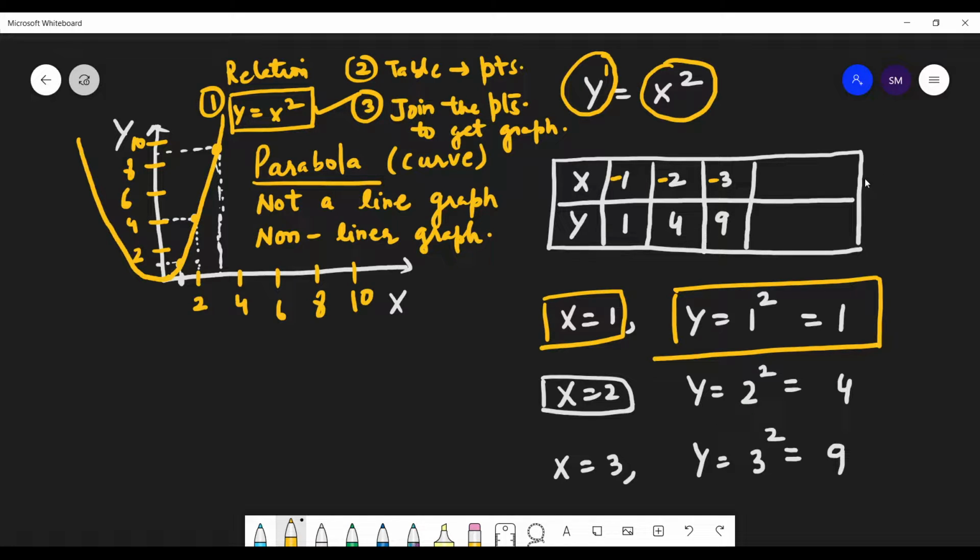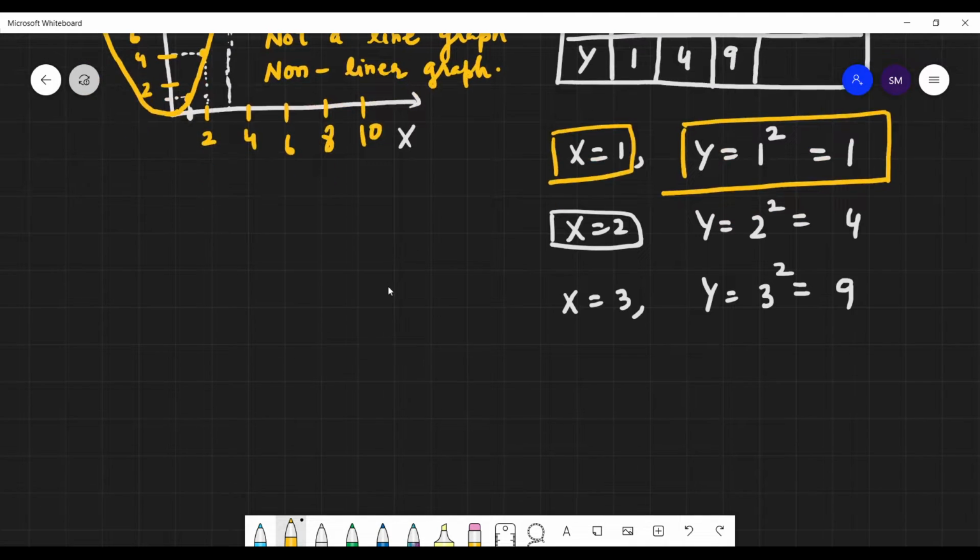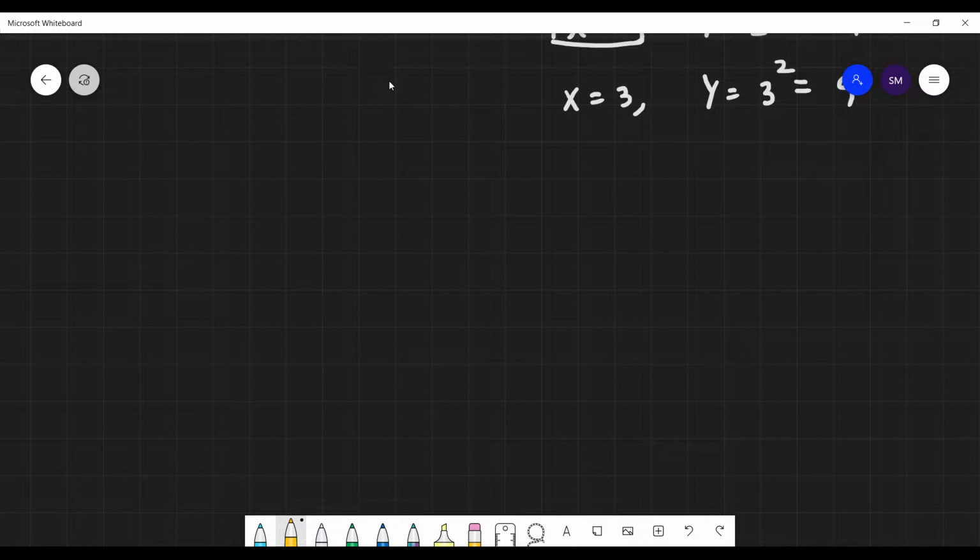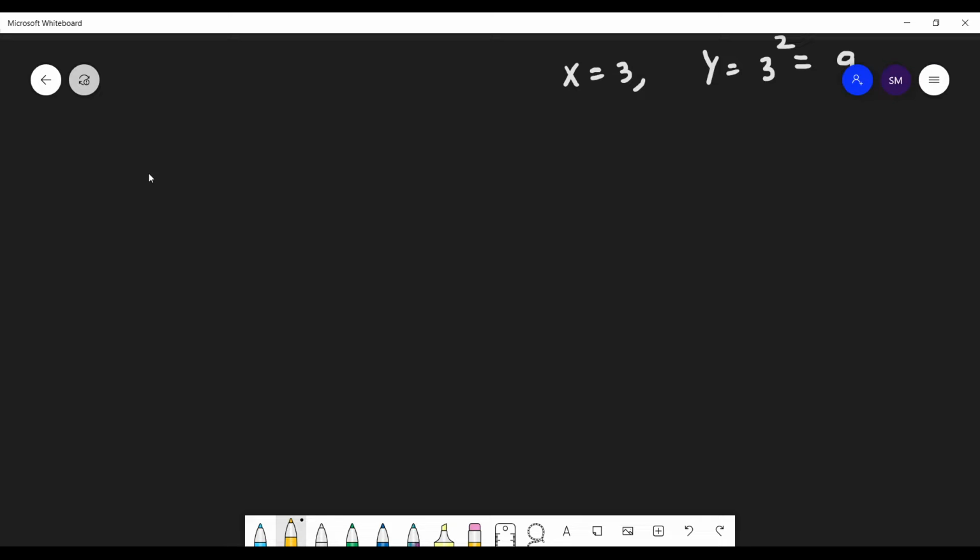Now, how do we get a linear graph? Means a graph as a line. Okay, so a graph x, y, and a very simple graph, y equals to x. This is the relation.